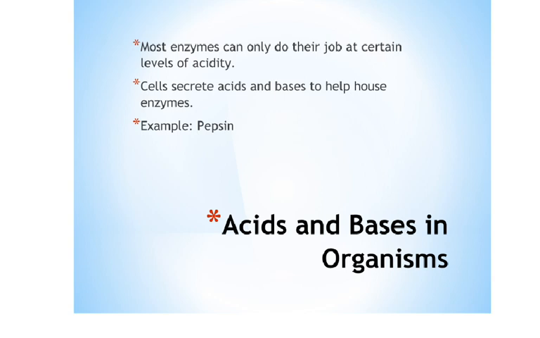So you can go ahead and give them a pumpkin spice latte if you want, but enzymes can only function in certain environments, at certain acid levels. Like I mentioned already, pepsin inside of our stomach only functions with the presence of stomach acid. Your cells secrete acids and bases to help house enzymes.